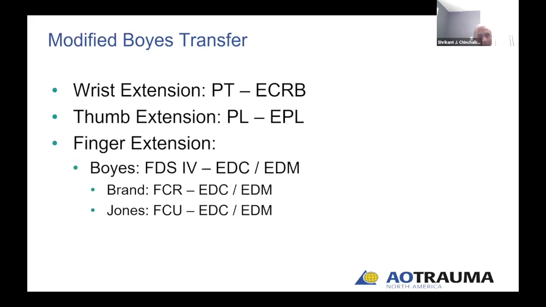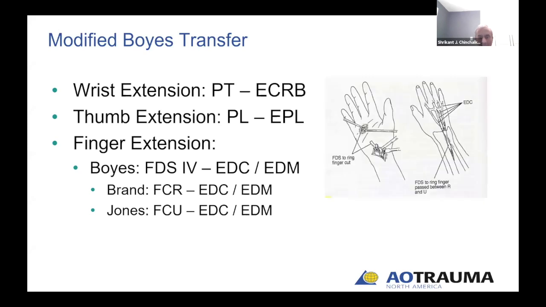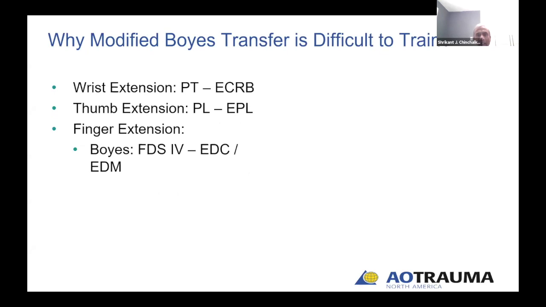So, modified Boyes transfer. Boyes uses flexor digitorum superficialis, connecting it to extensor digitorum communis and extensor digiti minimi. And Dr. Cassidy already pointed out that this transfer is rather difficult to train because of certain reasons. One, it is passing through the narrow interosseous space.